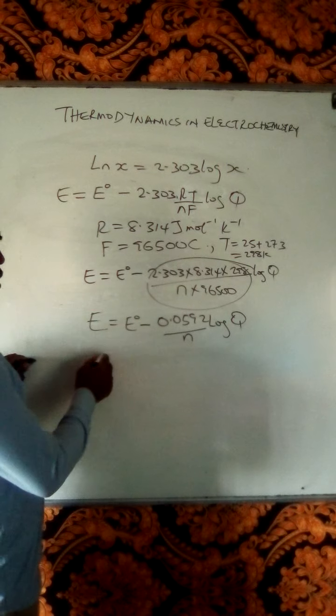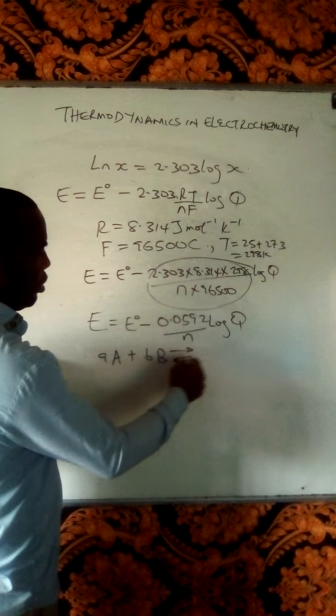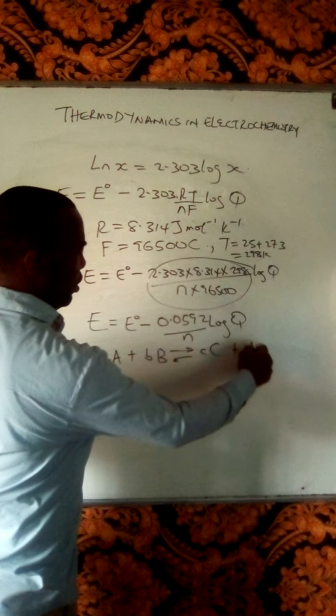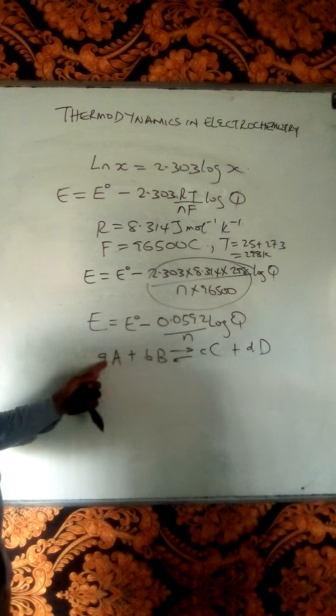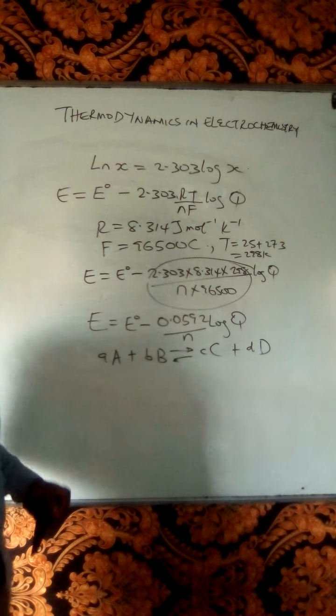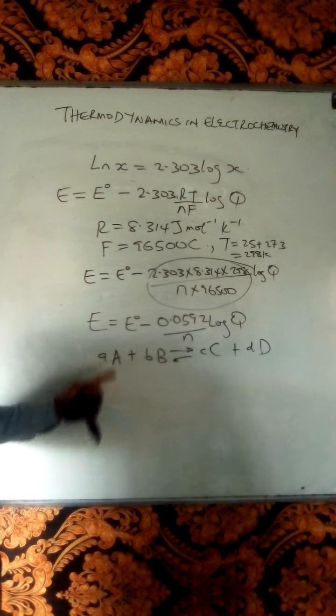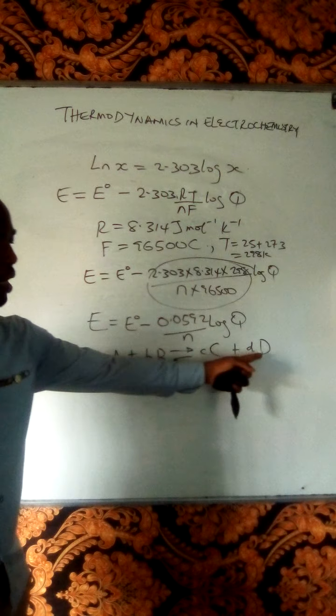As we have a reaction aA plus bB giving us cC plus dD, where small letters a, b, c, and d are the stoichiometric numbers of moles, capital A and capital B are the reactants, and capital C and capital D are the products.